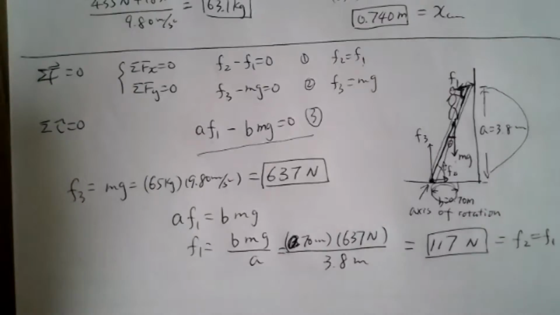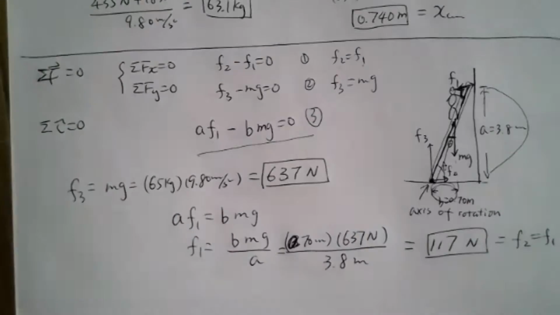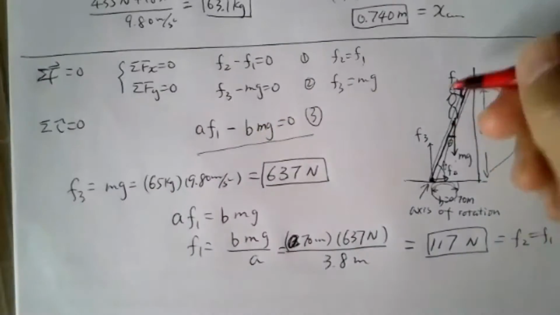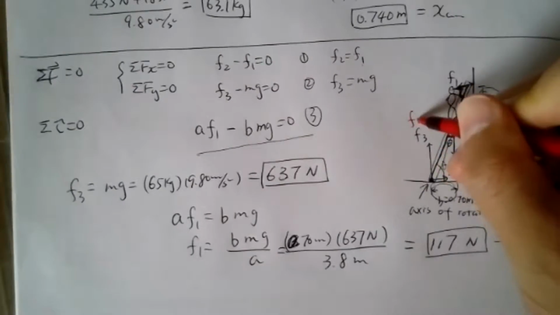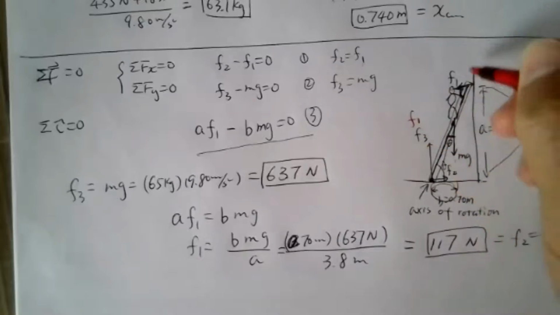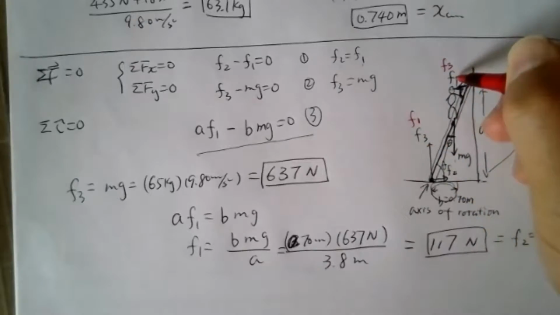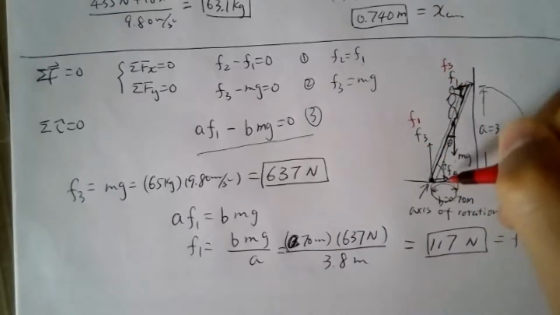Yeah, there's a chat saying the force pointing in the positive y should be F1. So yes, you're right. In the original figure, that's F1. I didn't follow the notation there. So this is the original F1, this is the original F3, and that's the original F2.